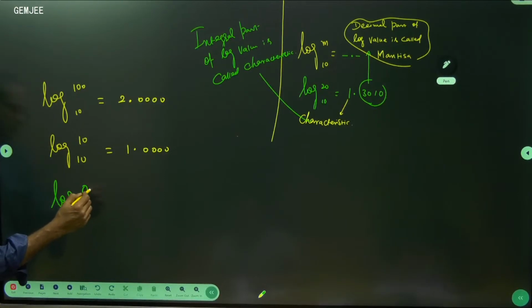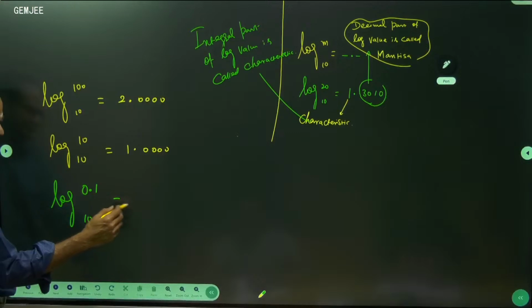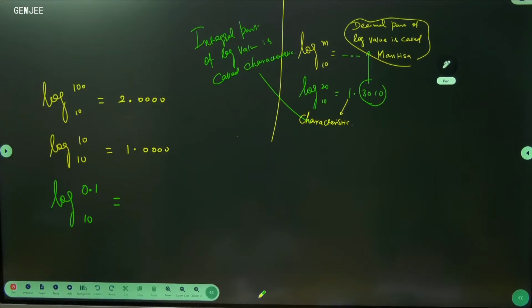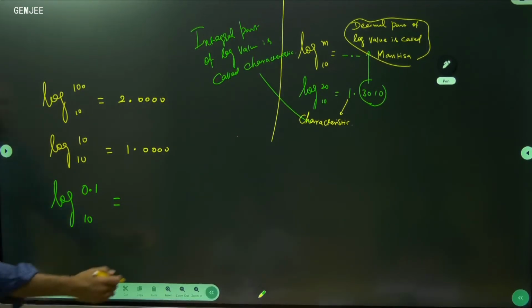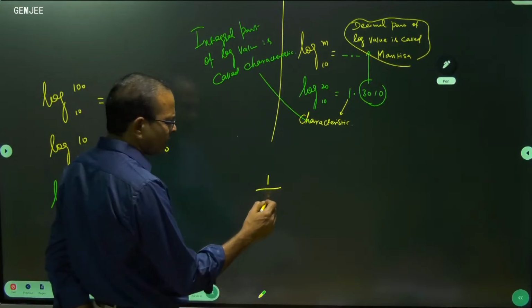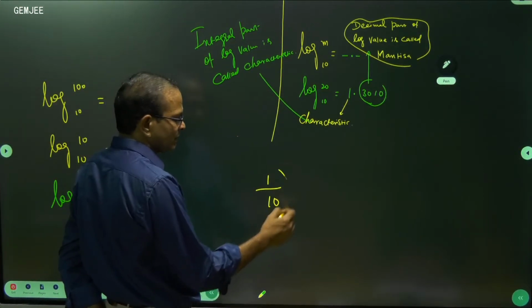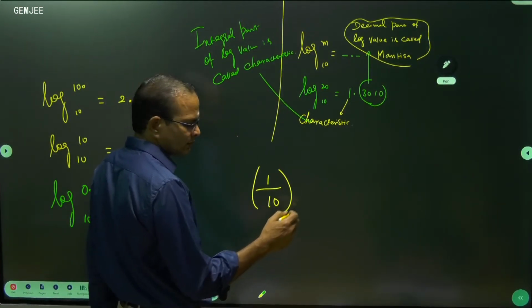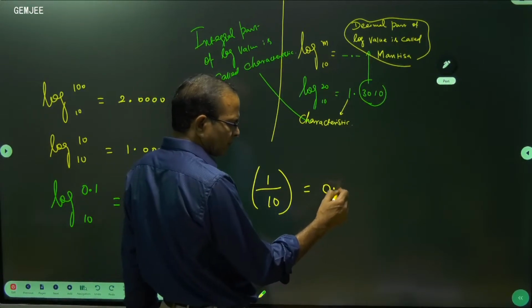Log of 0.1 to the base 10. That will be negative. How much? -1, that's right. 1 by 10 is 0.1.